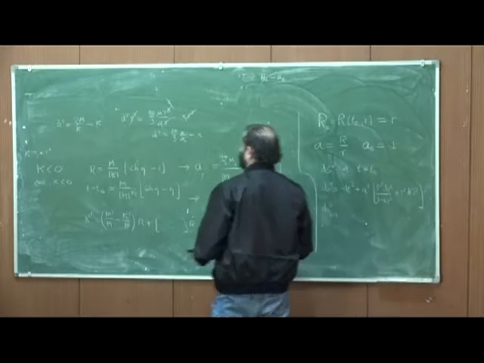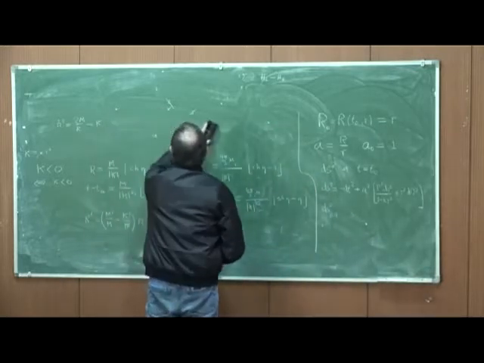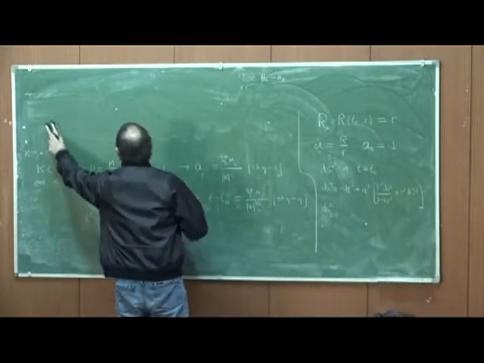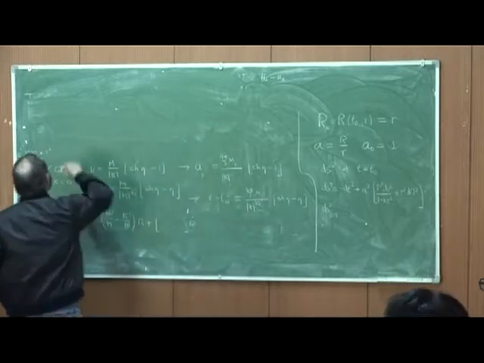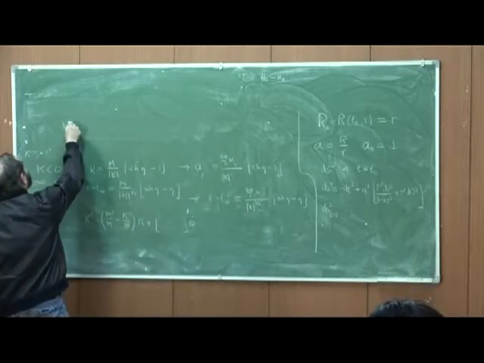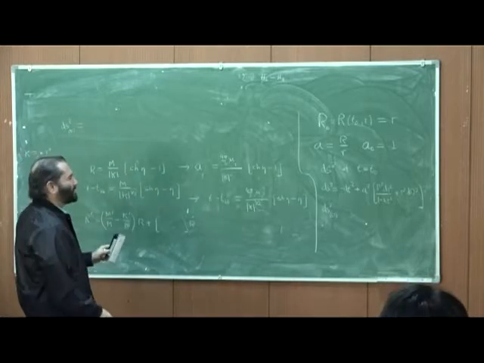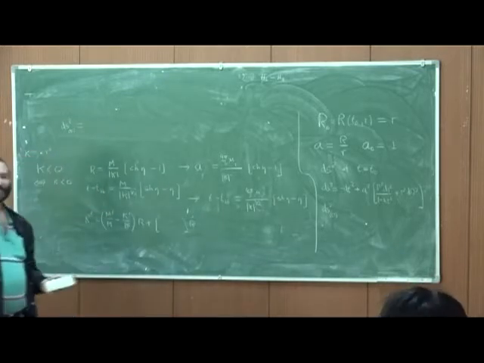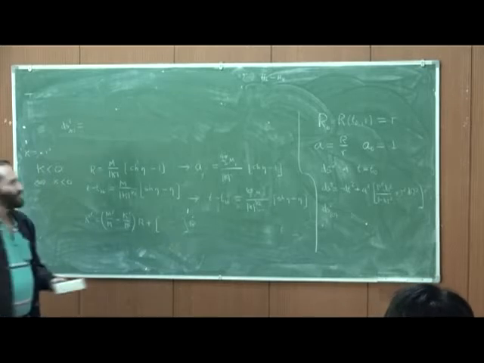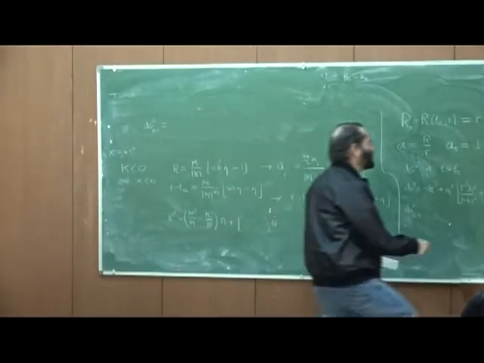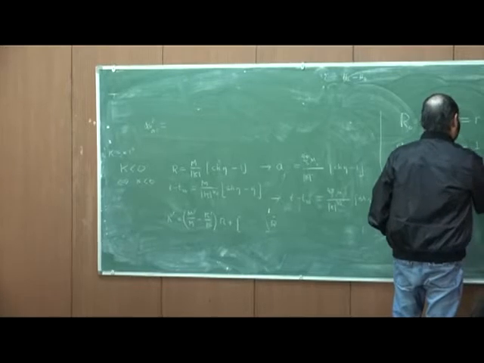A0 is 1. And what is gamma? If A0 is 1, then what is gamma?